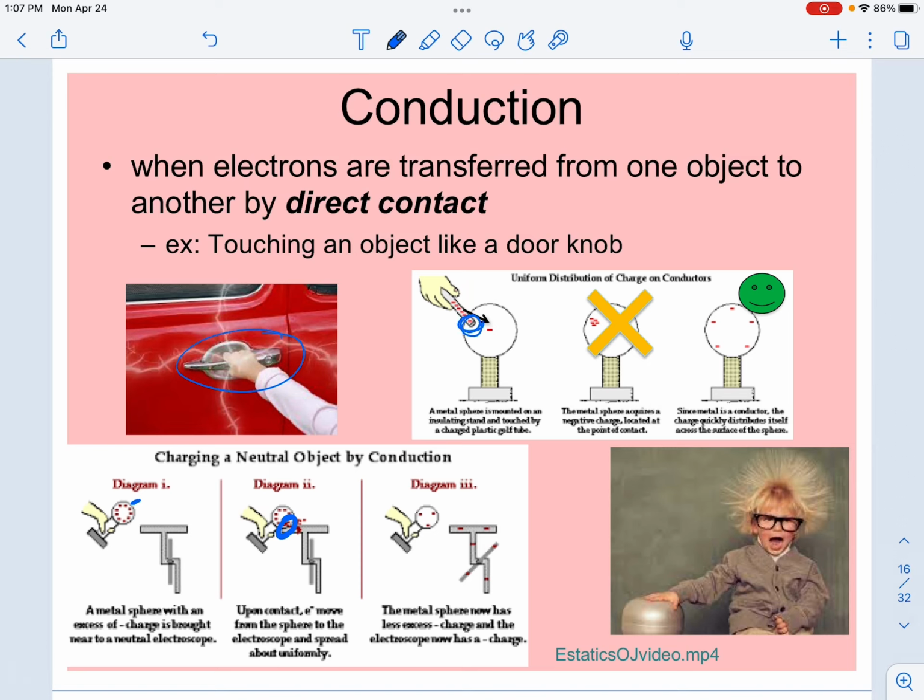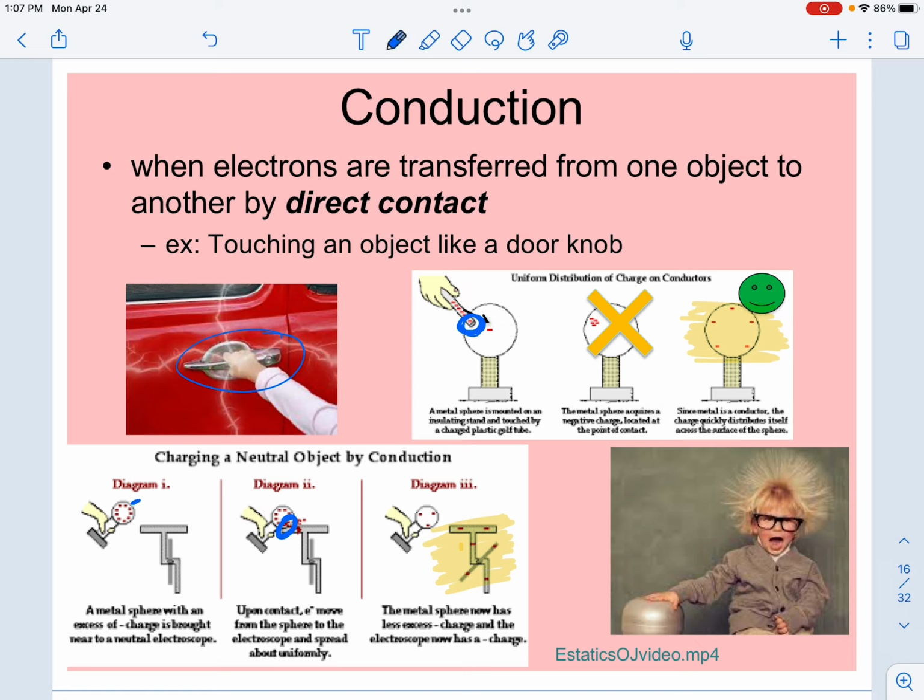In this illustration, they are trying to show by the overlapping of the two objects that they are touching. Once the electrons are on the new surface, notice that they then spread out. Remember, I just said like charges repel. So in both of these illustrations, they're showing you the idea that once those electrons have moved onto that previously neutral object, they are now going to spread out.